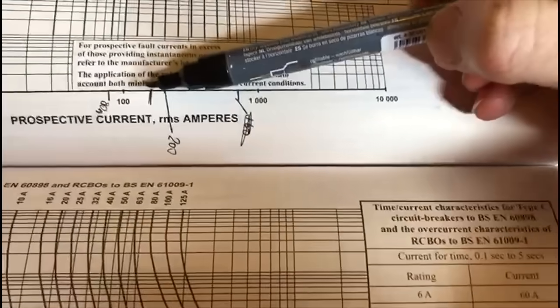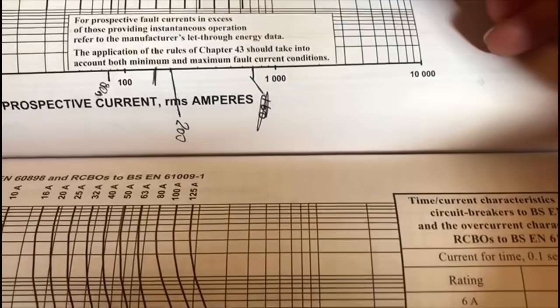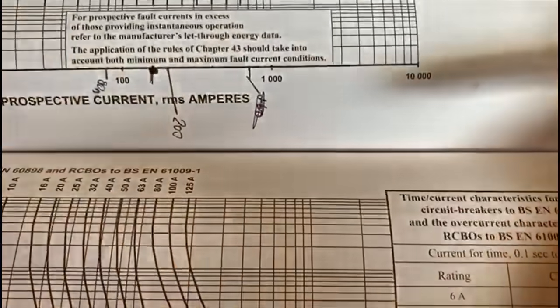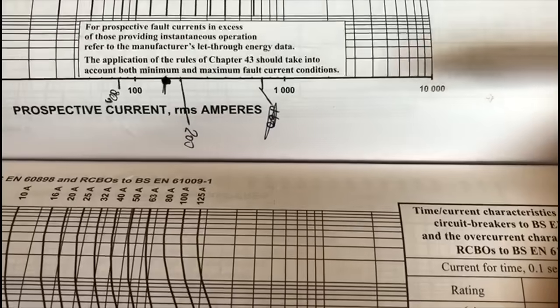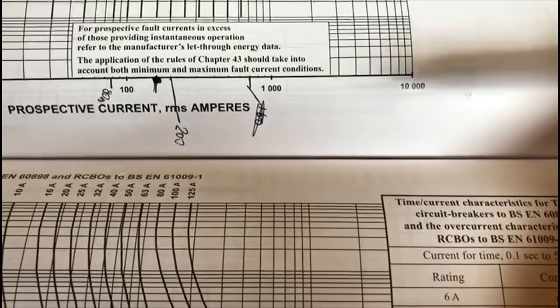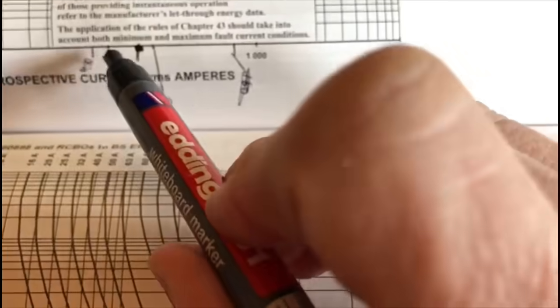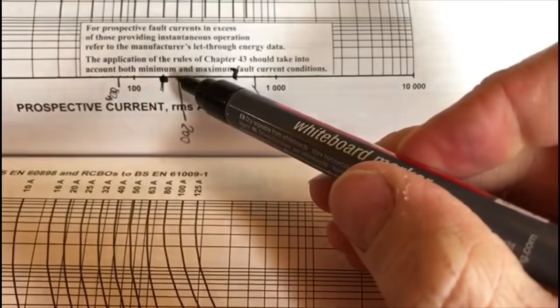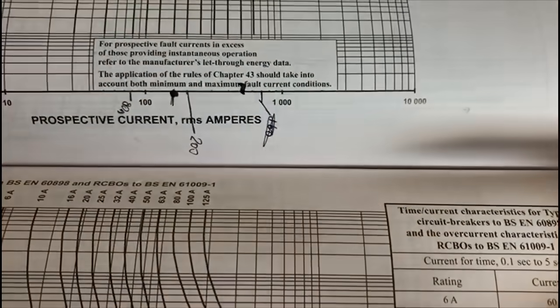If you are able to read it, it reads about this point here, roughly about 160 amps. You've got 100 amps here, you've got your 200 amps here, and so it's roughly around the 160 amp mark.